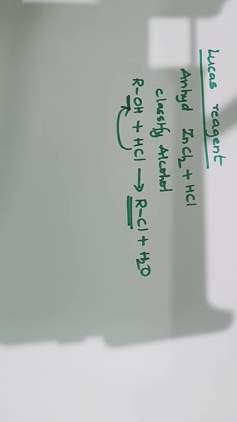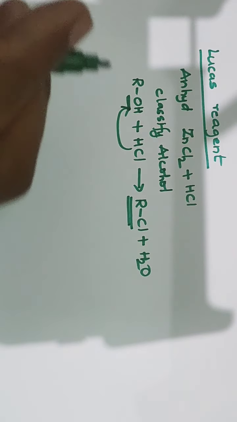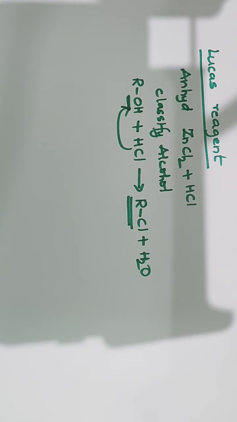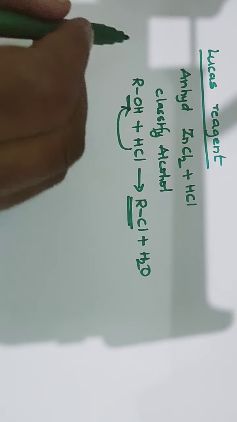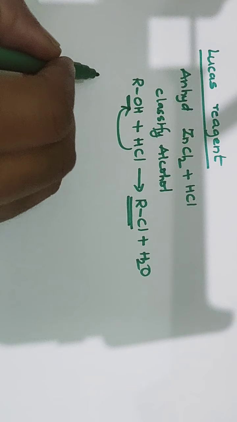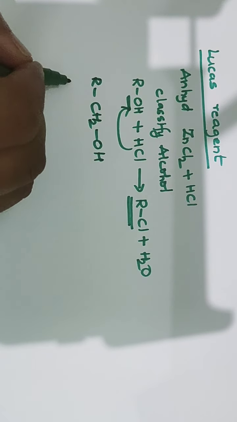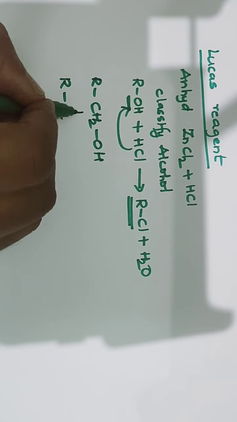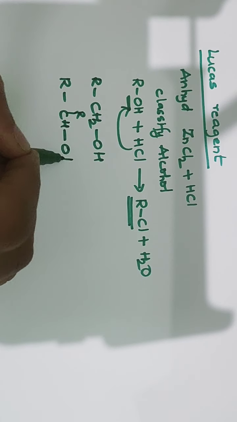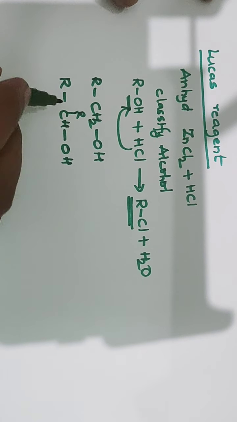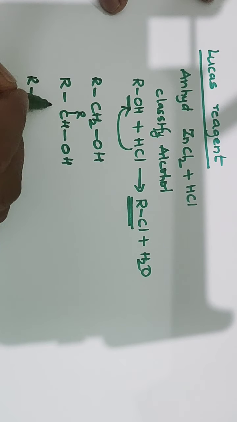The differing reactivity reflects the differing ease of formation of corresponding carbocations. For example, think that I have a primary alcohol, secondary alcohol and a tertiary alcohol. RCH2OH is a primary alcohol. This is a secondary alcohol and I have a tertiary alcohol.